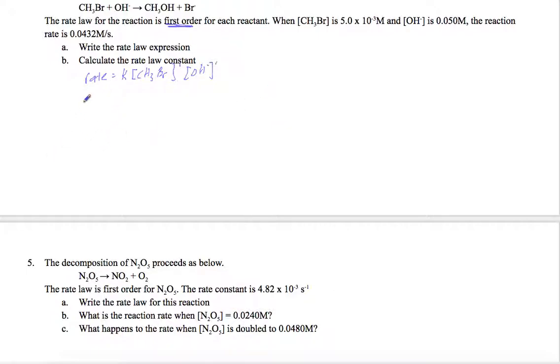Very simply, ladies and gentlemen, we plug things in. 0.0432 is equal to the constant, and then we can plug in the concentrations. The methyl bromide is 0.005, and the hydroxide is going to be 0.05. K comes out to be 172.81 per molar second. There's that.